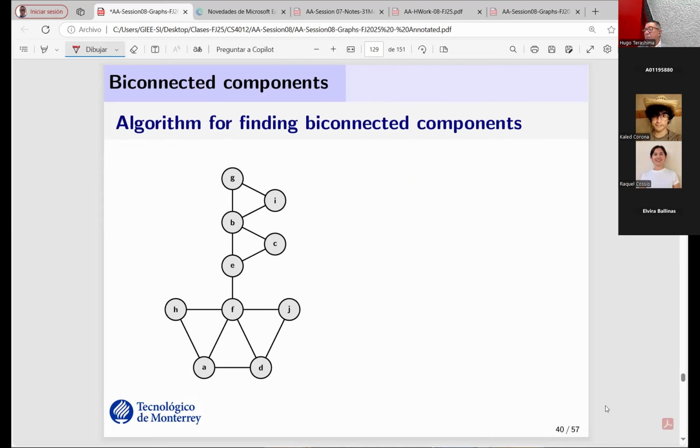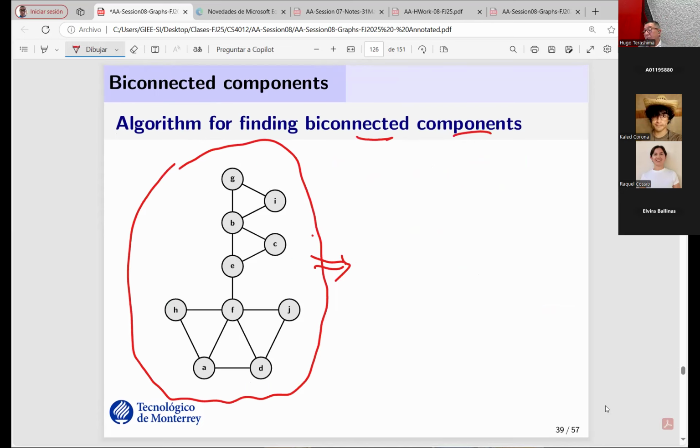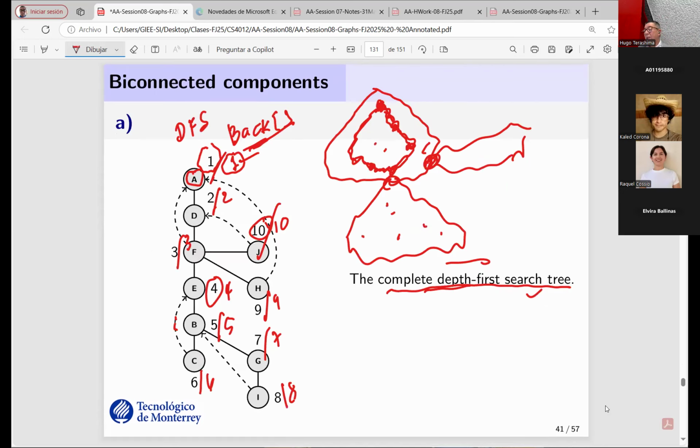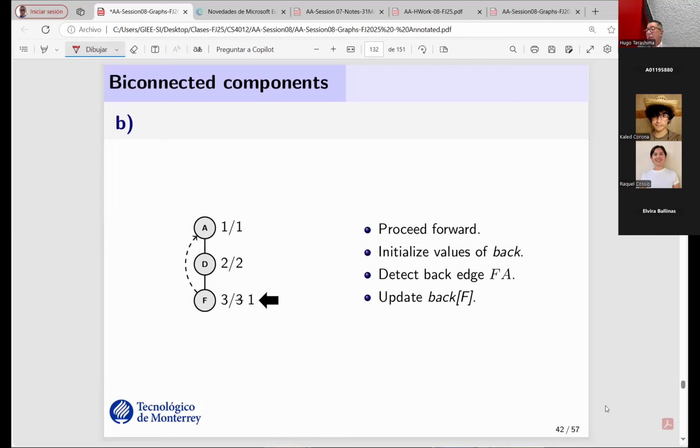Now, as we run, we are going to start again in the initial node, right? And we are going to traverse the DFS tree. So we're going to proceed forward, and then we have the values of the back, right? And then here we detect a back edge F-A, right?